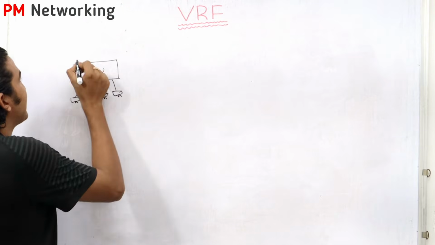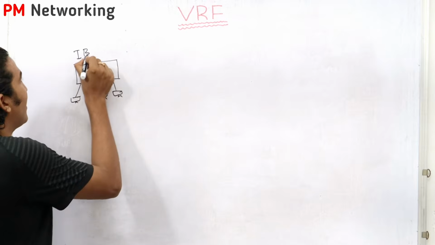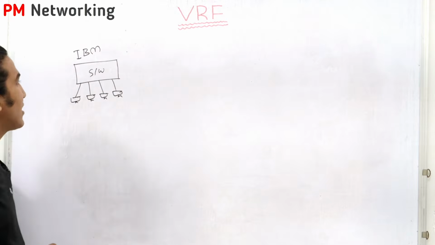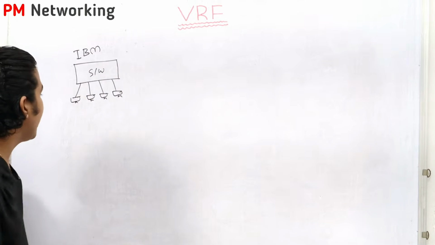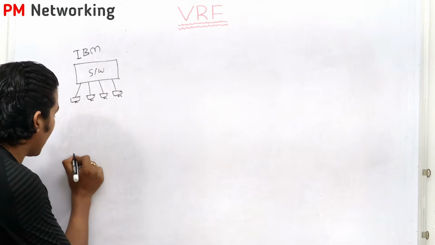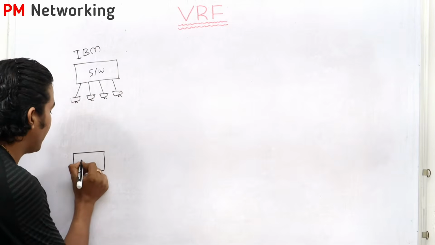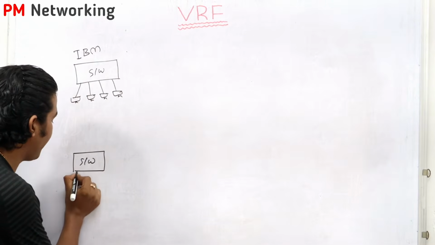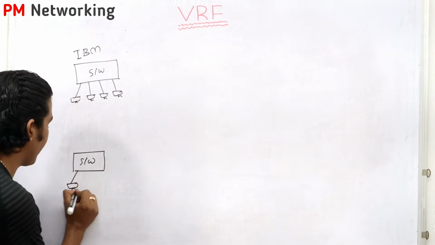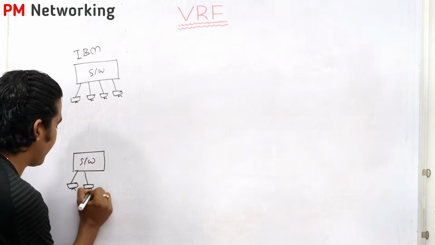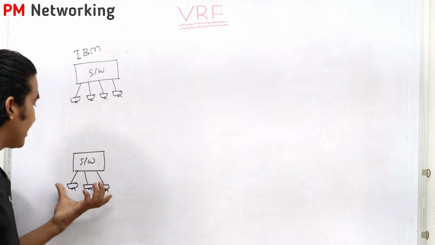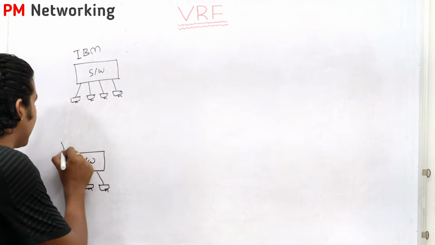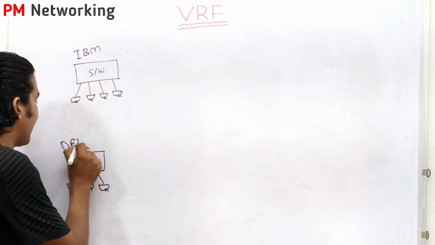Getting my point? This is IBM. Okay, like this we have one more small organization. Let's say this is the switch of Dell, and there are some users connected with this organization. Okay, this is nothing but your Dell.